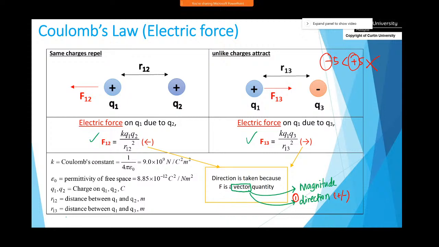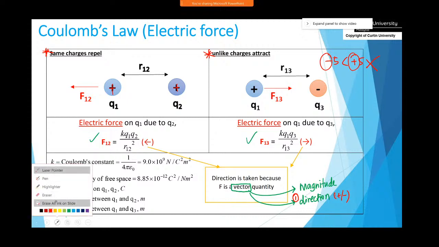Remember just now when we mentioned that same charges repel and unlike charges attract. So let's say we have two charges here, Q1 and Q2, and both have the same charge.